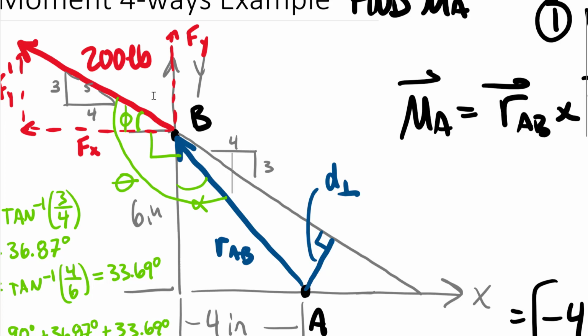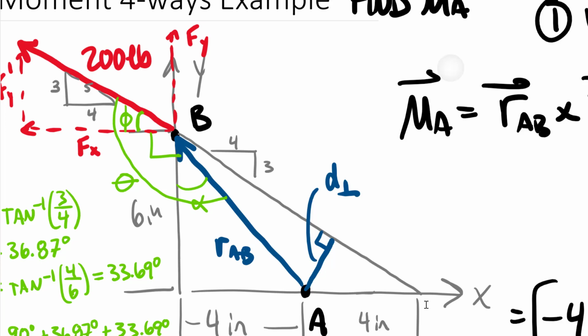Okay, so if we drop 3 inches for every 4 that we go over, at 3 inches down, we'll be over here at 4 inches across. At another 3 inches down, we'll be another 4 inches across. I'm just using the definition of a slope to know my rise over run, or change in x over change in y. And so I figured out that as I follow that line of action, my 200-pound force, I can trace that down to an intersection point that is 8 inches to the right of the origin.